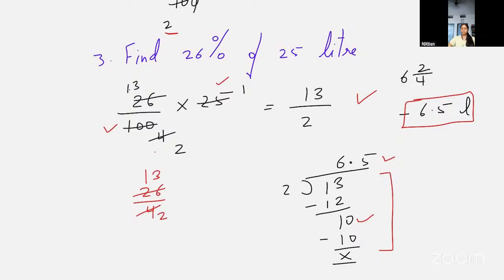Okay, so this is how you do it. It's very simple. Reduce it as much as you are able to reduce. Once it gets reduced, you just divide and get the answer. Ma'am, will you ask another question? Okay, I will give you another question.